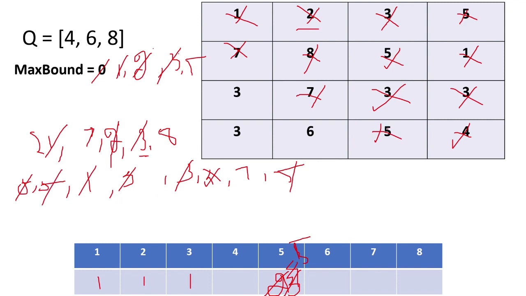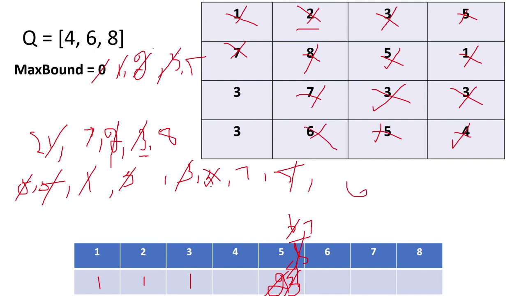We consider this 5 and add its neighbor 6 into the queue. I think this value is 6 because we forgot to update that. Then we check whether the 5 is greater than the max bound or not. It is equal to the bound, so we don't change it and update this bound to 7. And we add the 6 into the queue.